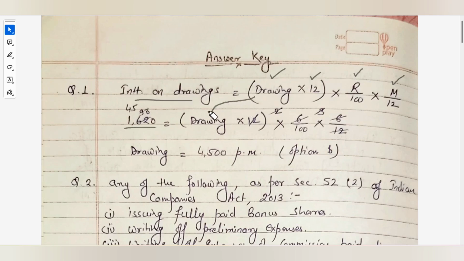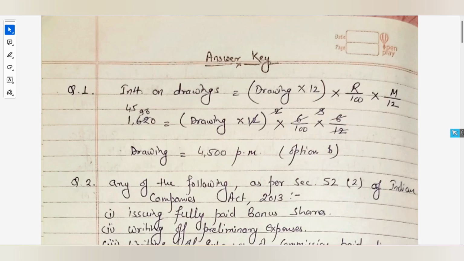We have to calculate drawings, which is unknown, multiplied by 12, and the rate is given as 6%. The months we have to assume as 6, because it is not clearly mentioned whether it is beginning, middle, or end, and in case no information is available, we assume the middle of every month. So 6 by 12. After calculation, we find the monthly drawing is 4500 per month. That means option B is the correct answer.